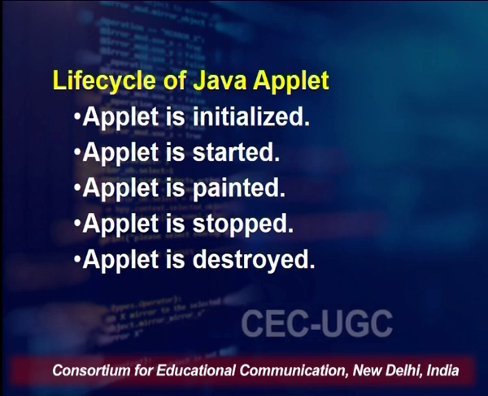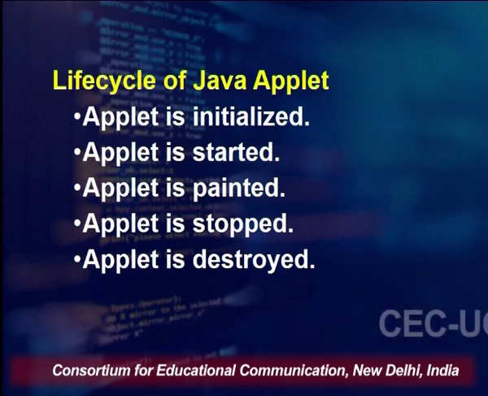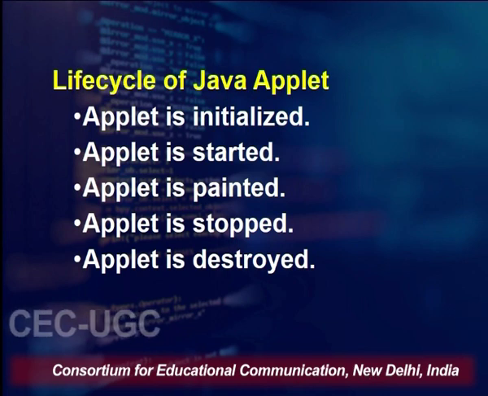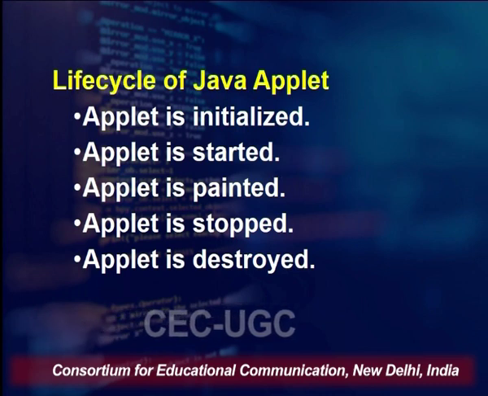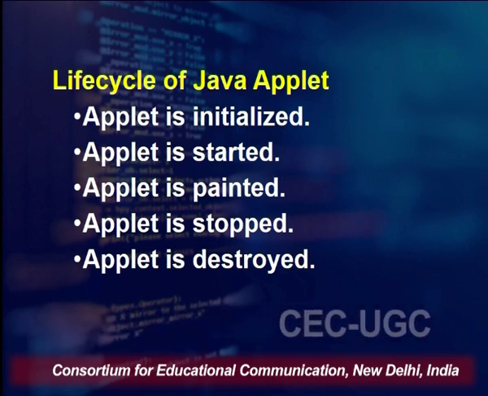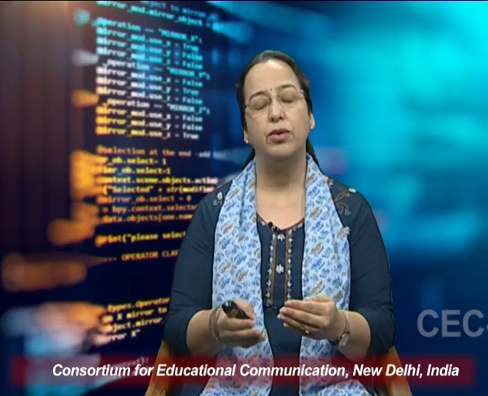When we talk about the life cycle of an applet, we can say the applet is first initialized, then it is started, then it is painted, then it is stopped, and then finally it is destroyed, in the same sequence.